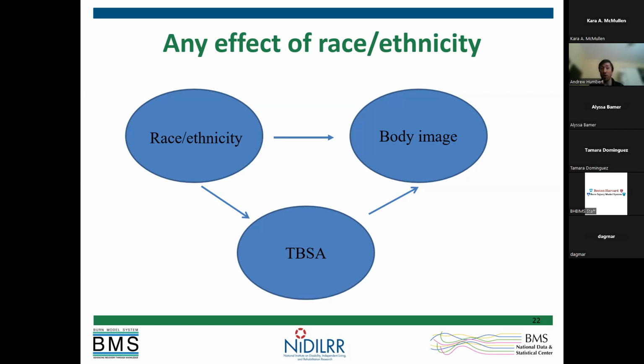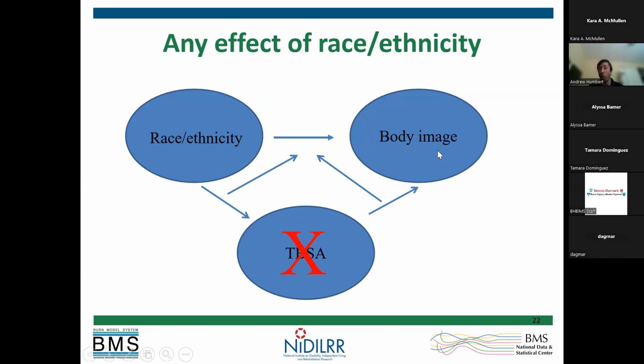If we want the total effect of race and ethnicity, well, this is one avenue in which race and ethnicity could affect body image. If we're not interested in distinguishing specific pathways, we just want to know if there is any effect at all, we don't care how we get there. We want to omit burn surface area, because then the association that goes through this potential confounder is attributed to the impact between race, ethnicity, and body image as a total effect.